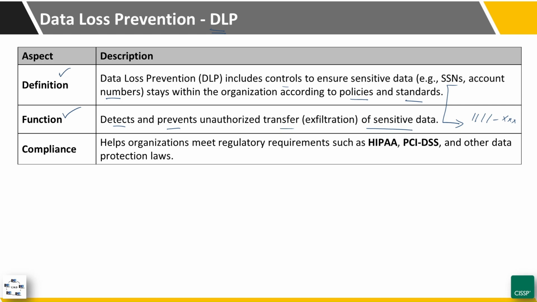So first of all, it scans the organization, all the storages and available servers and devices to discover such data, and whenever this data leaves the organization, it prevents it or it rings the alarm.